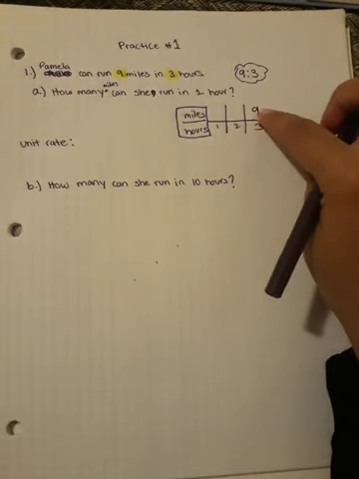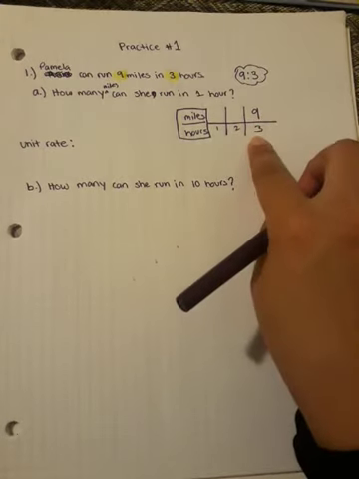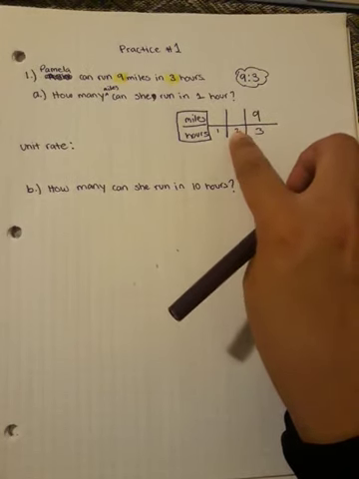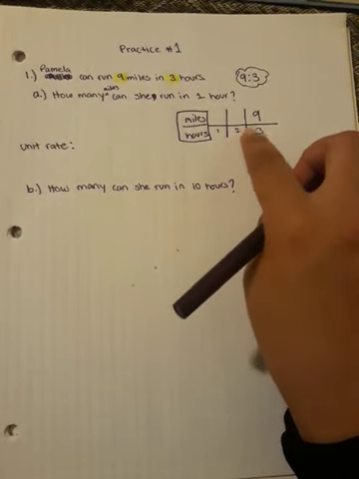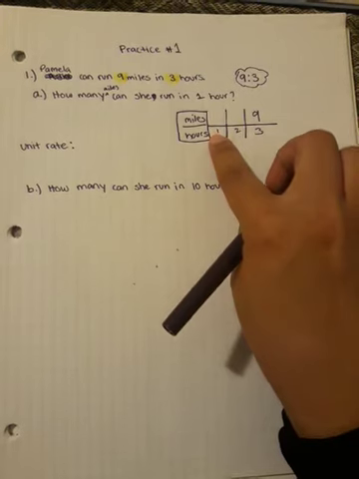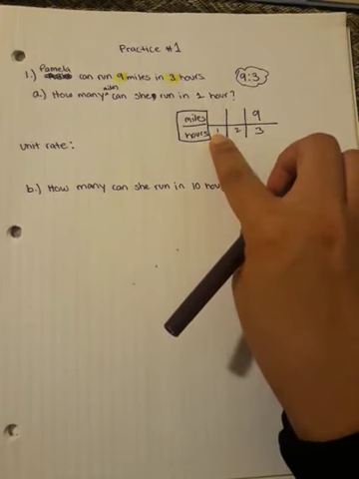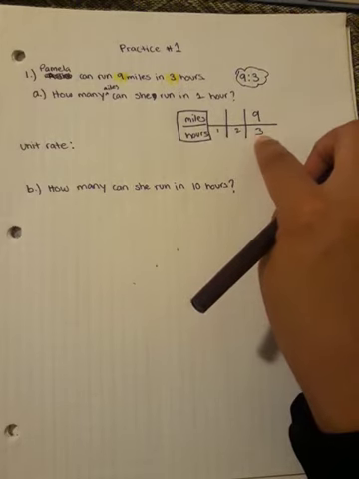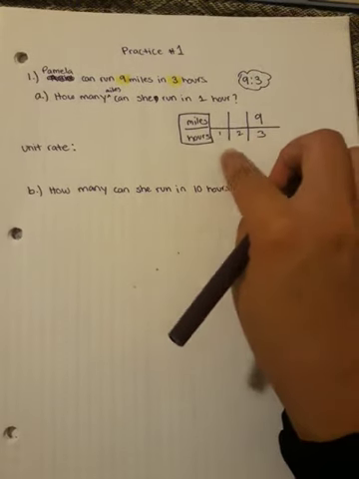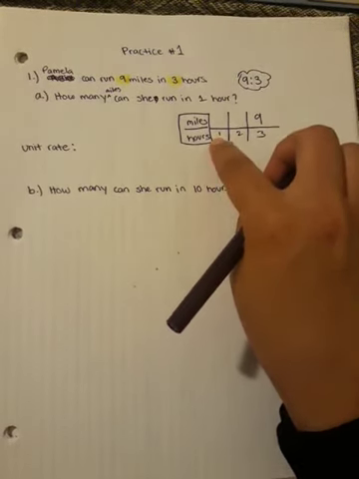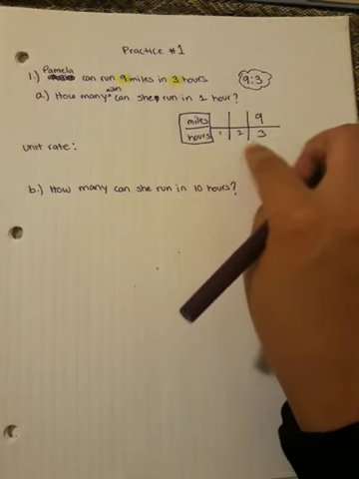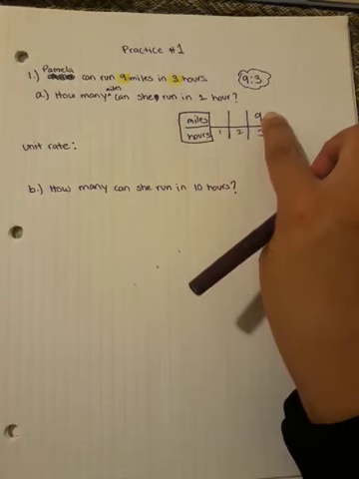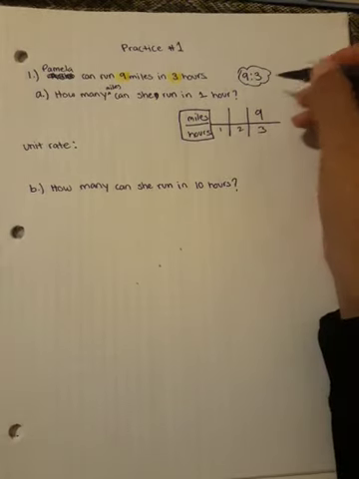That is how much she can run for 3 hours. So how much would it be for 2? How much would it be for 1? Well, I know that I can divide 3 by 3 to get to 1, right? But if we do that to one side, we got to do it to the other side. Just like equivalent ratio, right?